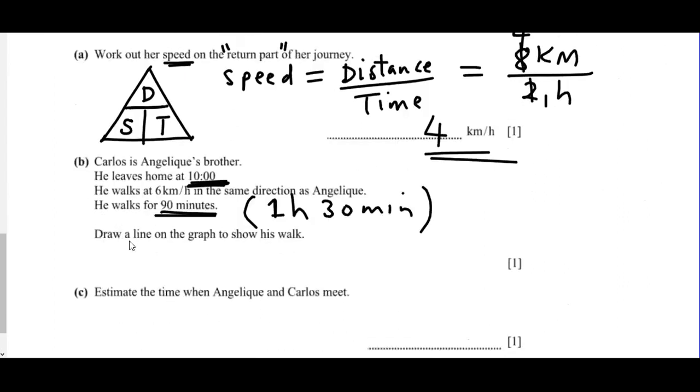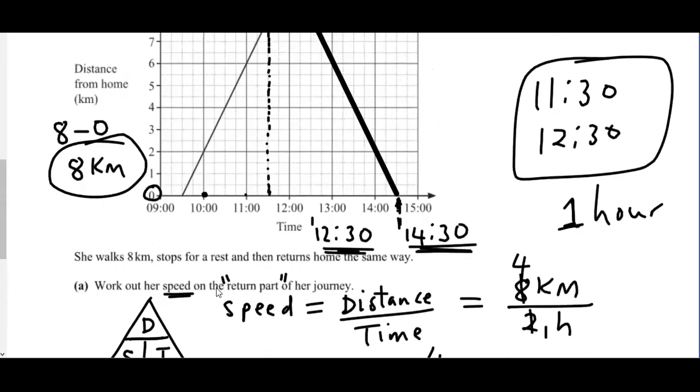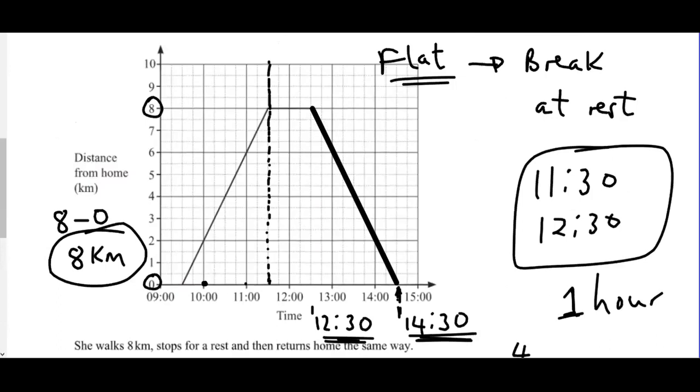Now the question is, draw a line on the graph to show his walk. So what we're going to do is draw a line that shows Angelique's brother's walk. We already know that the journey started at 10 and ended at 11:30 because it took 1 hour, 30 minutes.